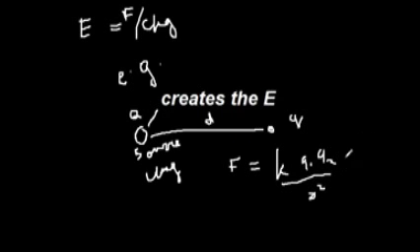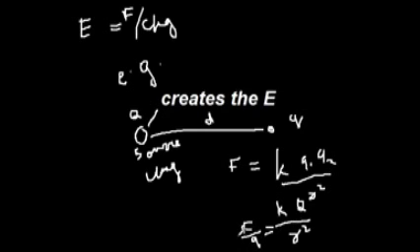If you substitute this, with the source charge Q, K Q by R square is equal to F by small q, and that is the electric field.